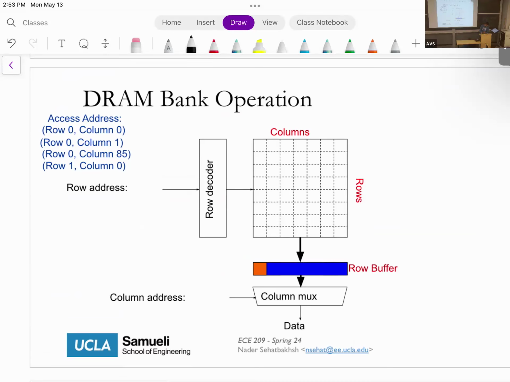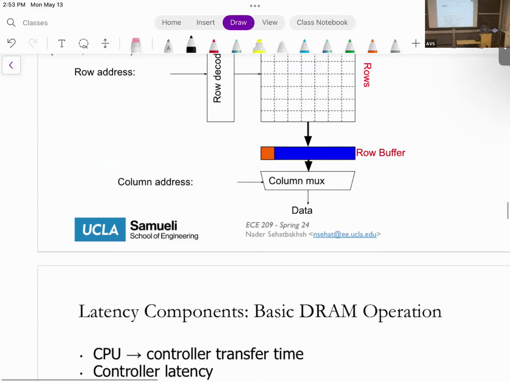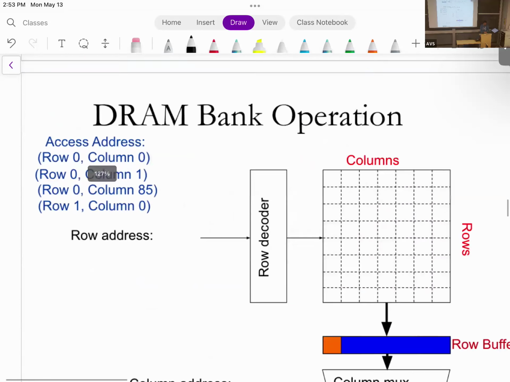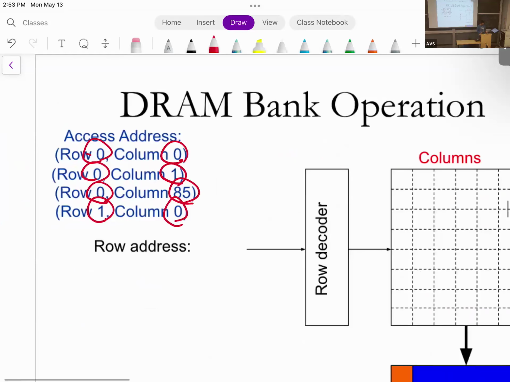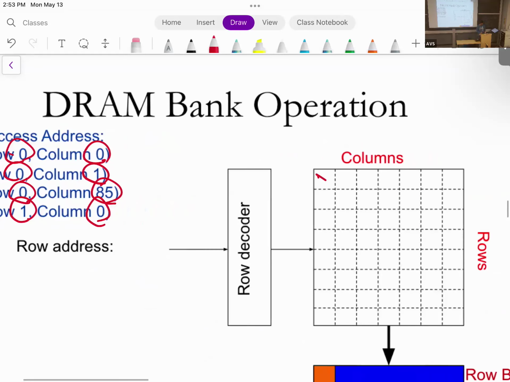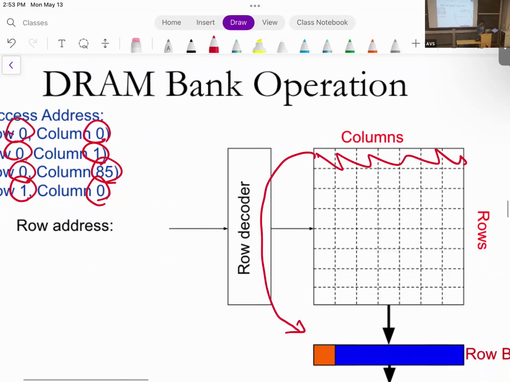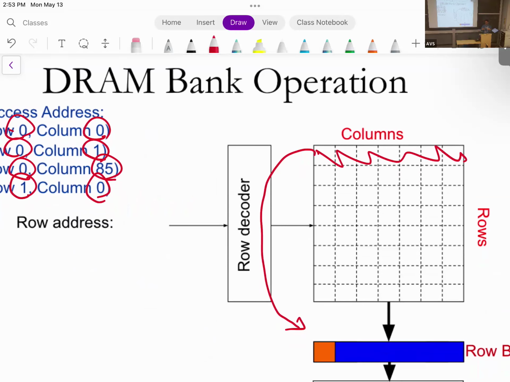Let me do this example for you. Let's say that we have this sequence of addresses, okay? We have row 0, column 0, row 1, column 1, row 0, column 85, and row 1, column 0, okay? As I said, the first address comes, we will select row 0. We're going to bring this row 0 to the row buffer because that's the first time that we bring in this data.